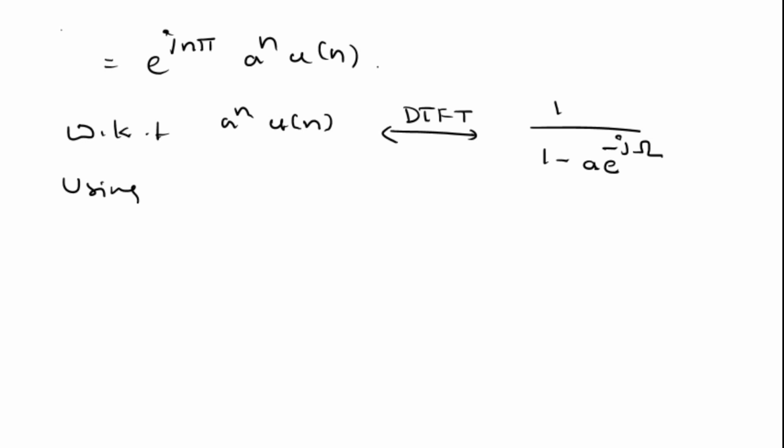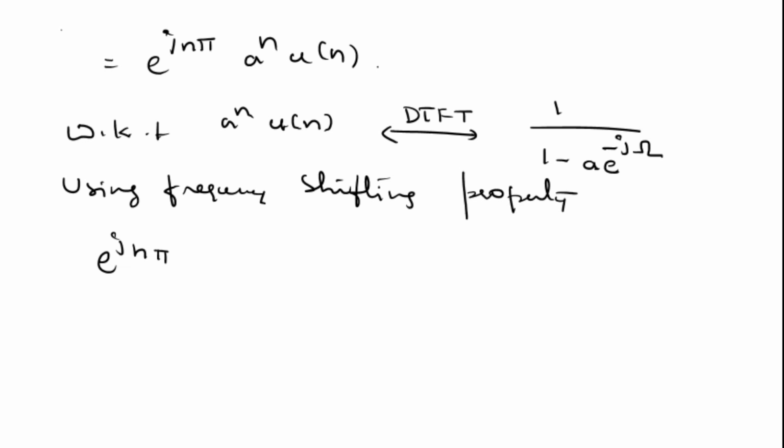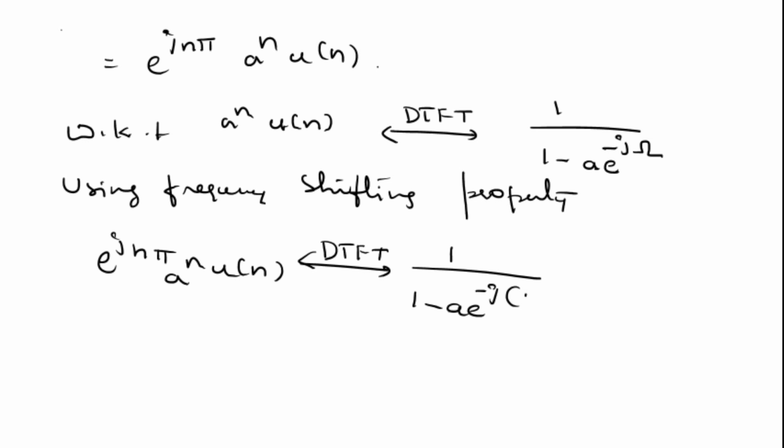And using frequency shifting property, e power j n pi into a power n into u of n, if we take DTFT, we get 1 divided by 1 minus a into e power minus j omega minus pi, which is equal to 1 divided by 1 plus a into e power minus j omega.